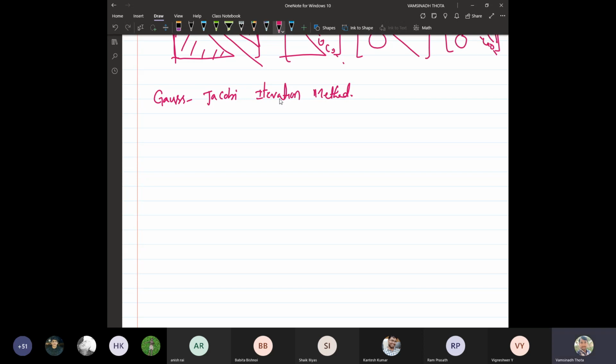So what is this Gauss-Jacobi iteration method? Basically, suppose we have a system of equations Ax = b. As we have already seen, A can be written as (L + D + U) times x = b. Now, what does the Gauss-Jacobi iteration method do? Split this product, first do this multiplication, then keep only the diagonal product here, and bring the remaining things to this side.